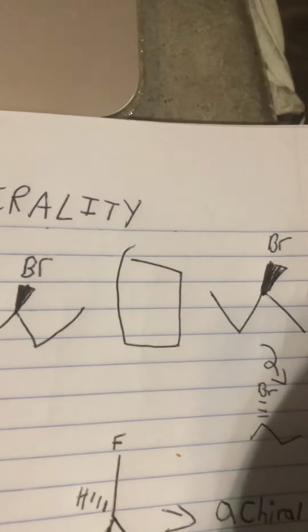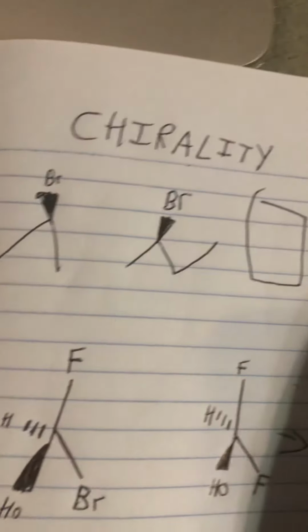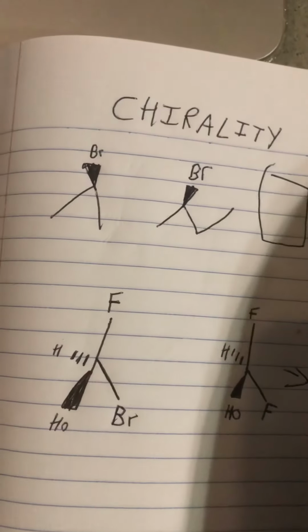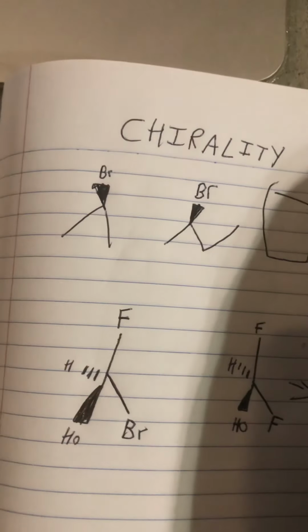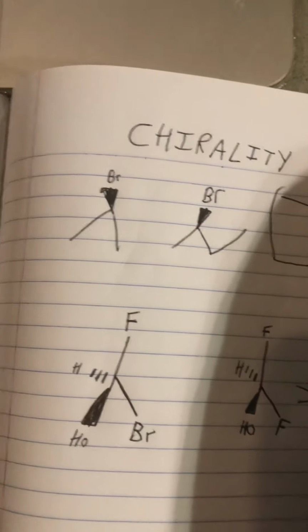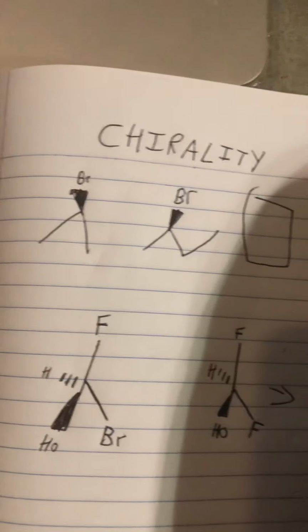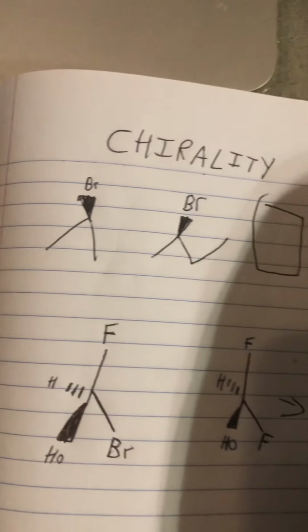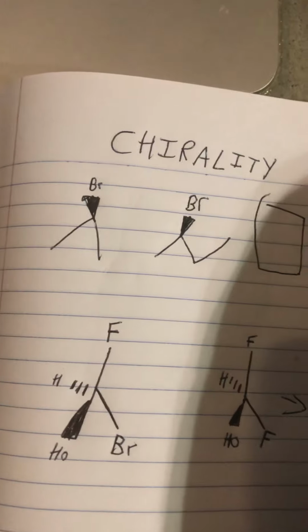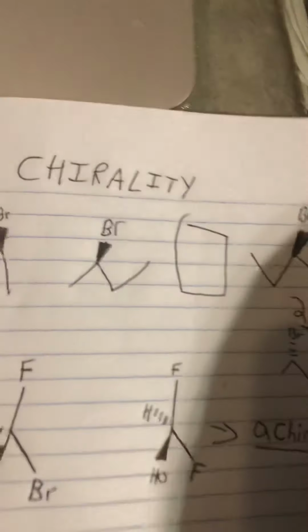I flipped it, right? Because if the bromine atom is on the wedge bond out of the paper, like this, if we flip the whole thing 180, now the bromine is going into the paper. So if we try to place this on top of that molecule, it is not going to line up properly. So therefore, this molecule is chiral. It has a chiral center, or center of chirality, or a stereogenic center. All terms that mean the same thing, and therefore, it does have an enantiomer.